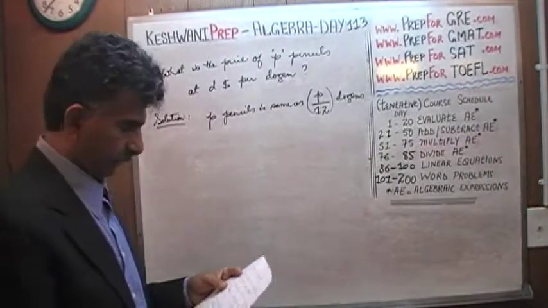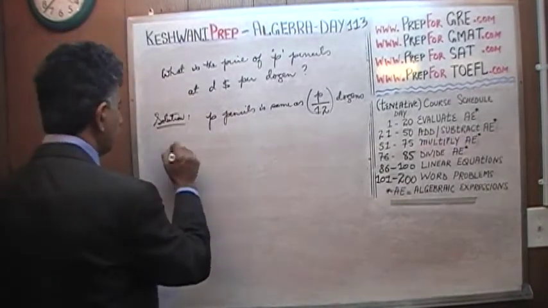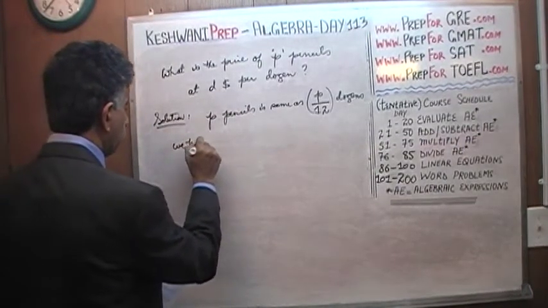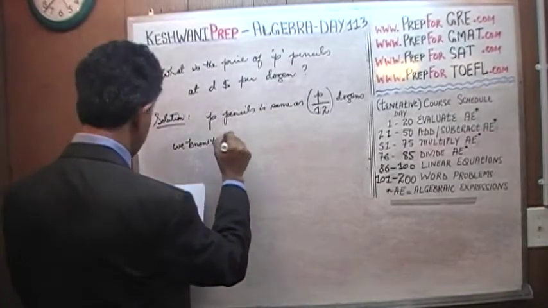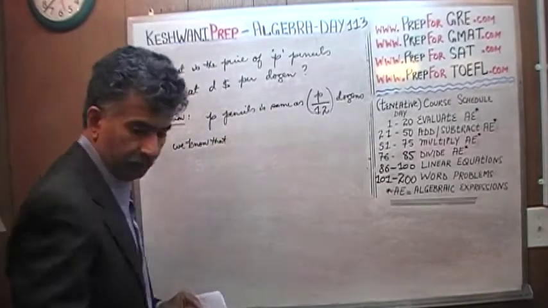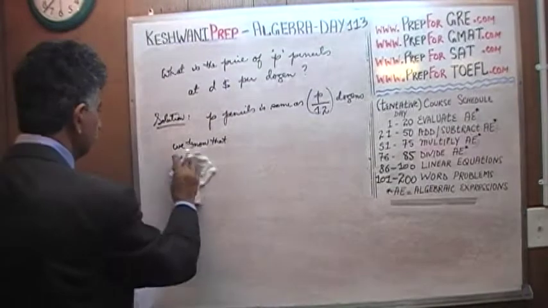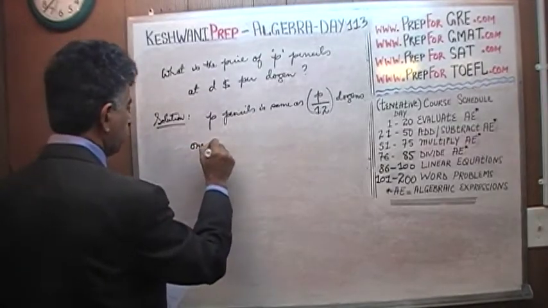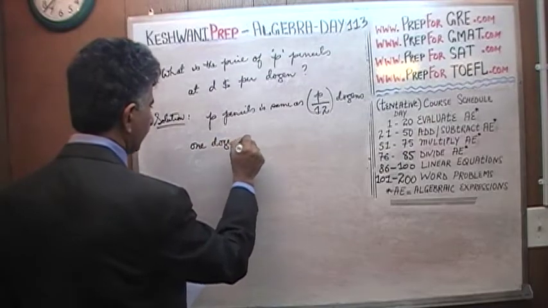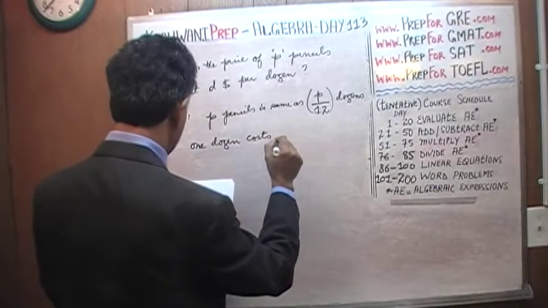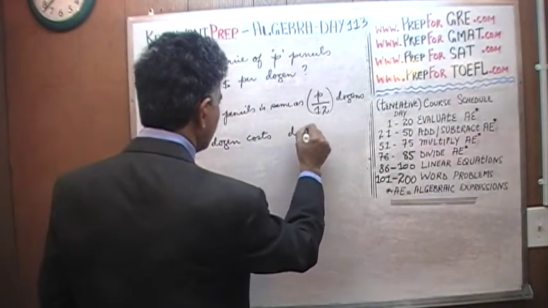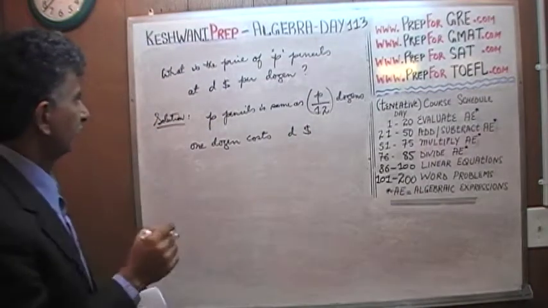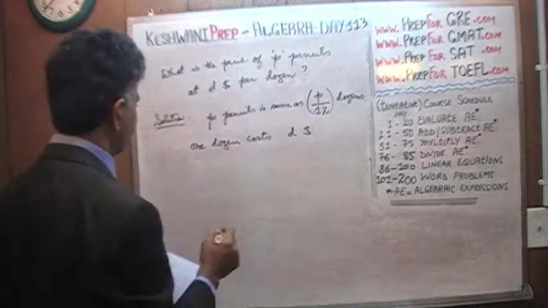Okay, now follow the logic. We know that 1 dozen costs $D. We are told that 1 dozen costs $D per dozen.